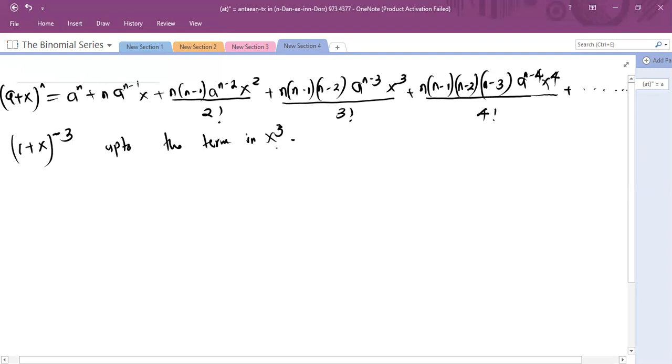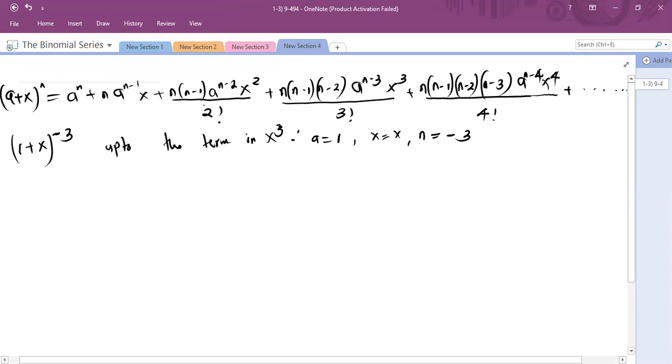The question says we expand all the way to x cubed. So we're going to choose our a to be equal to 1, corresponding to the formula. Then our x is just x, and our n in this case is minus 3.